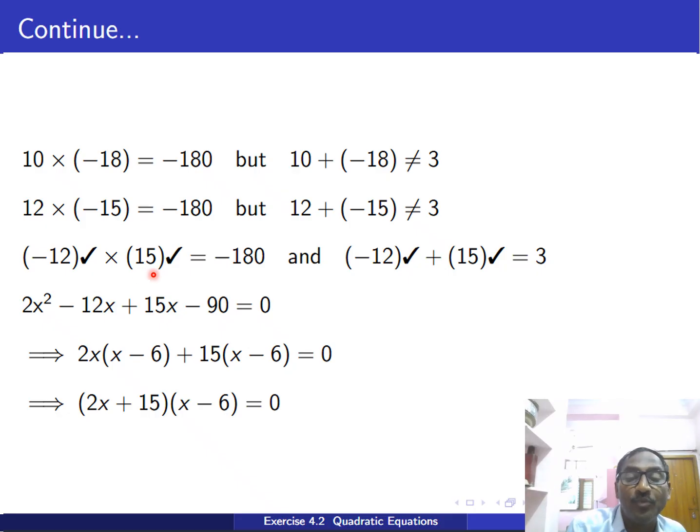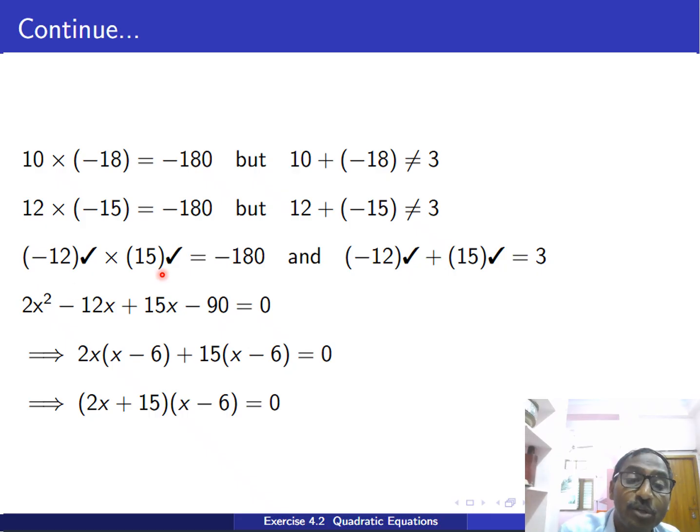Here minus 12 times 15 equal to minus 180 and minus 12 plus 15 is equal to 3. Here, tick. By seeing the tick, what can we understand? These are the two numbers whose product and sum satisfy the condition.